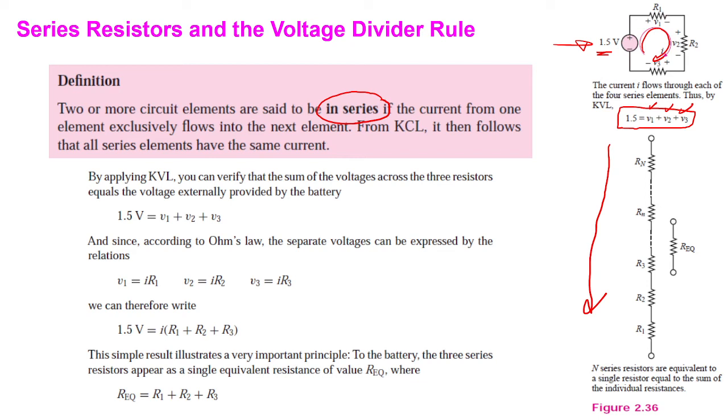Then the total resistance equals R1 plus R2 plus R3. I think you have learned about this computation.